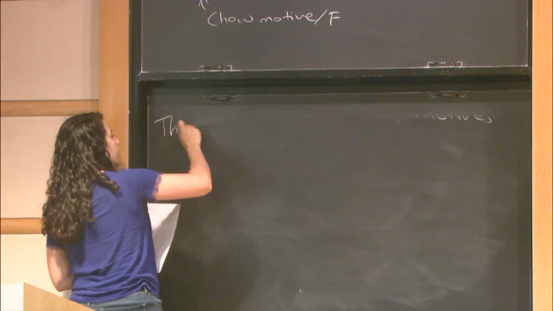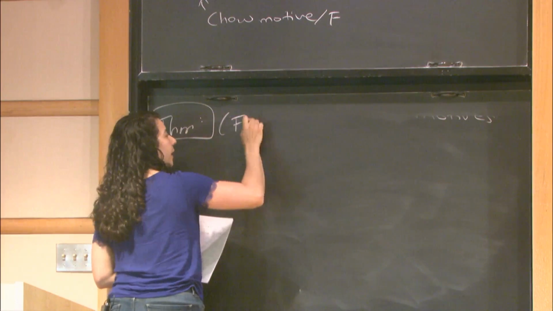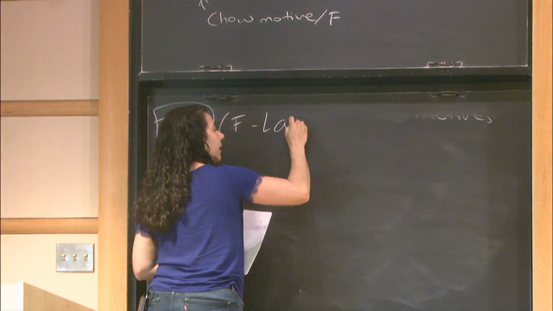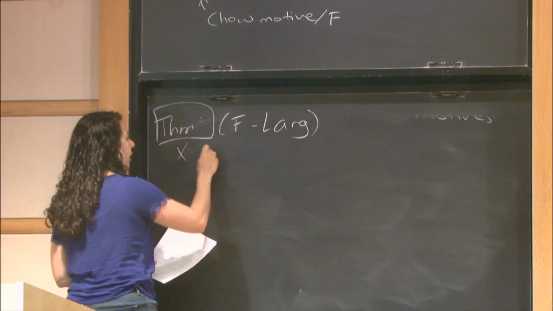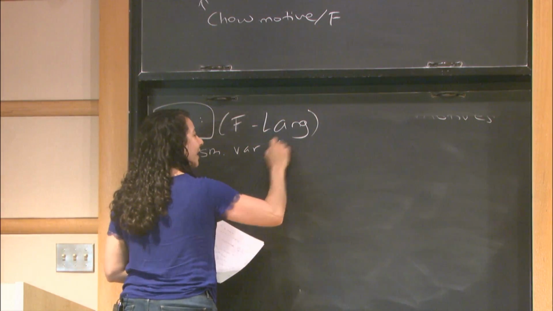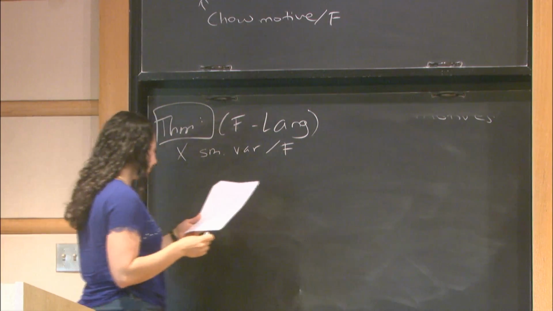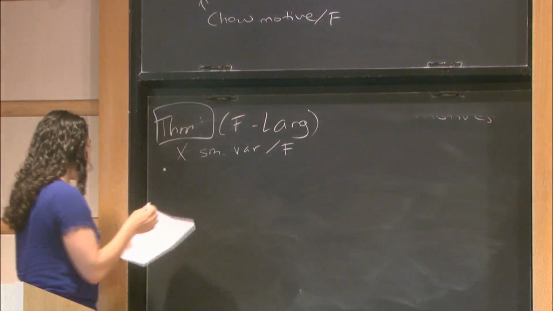All right, so the theorem, which is joint work with Jackie Lang, says, okay, we can do this. So we want to start with a smooth projective variety over some number field F. And now I want the following data.